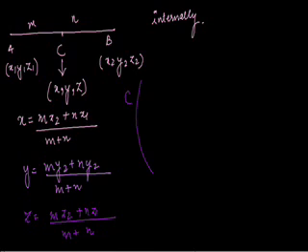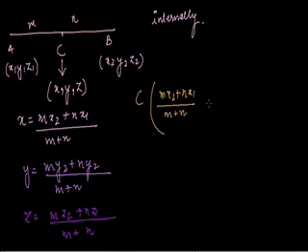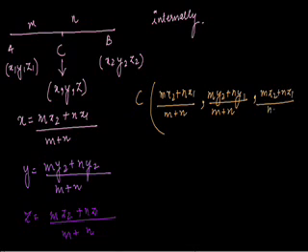So coordinates of C will be mx2 plus nx1 upon m plus n, comma my2 plus ny1 upon m plus n, comma mz2 plus nz1 upon m plus n.